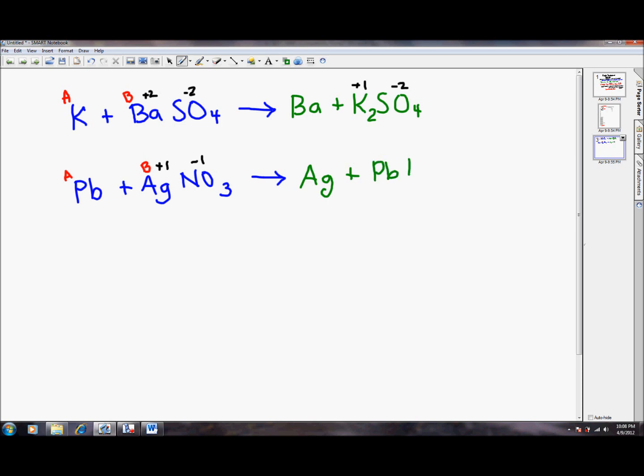Pb will take Ag's place and bond with the NO3. We just said that the activity series told us that Pb will be positive 2 if it's an ion. Nitrate's -1, so your formula is going to have to be Pb(NO3)2. One more example, and then we're going to move on to the right side of the activity series and talk about that one.